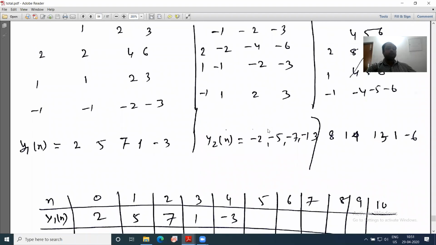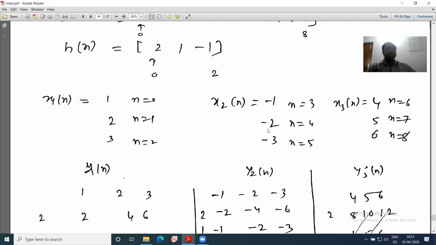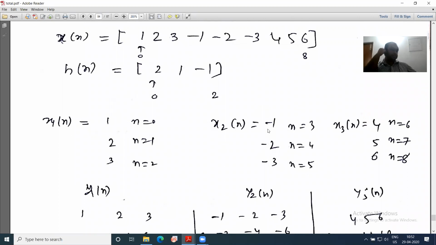Y2, and what will be the limit? The limit of y2 of n will be 3 to 7. Everybody agrees with that?